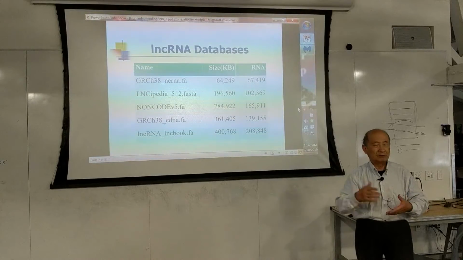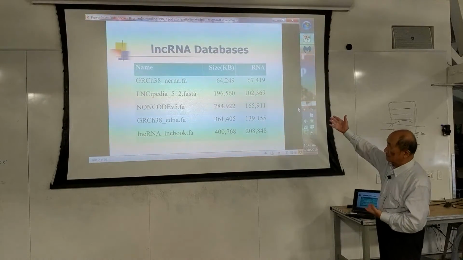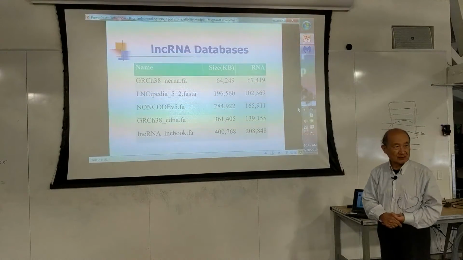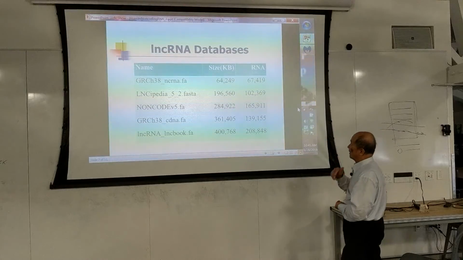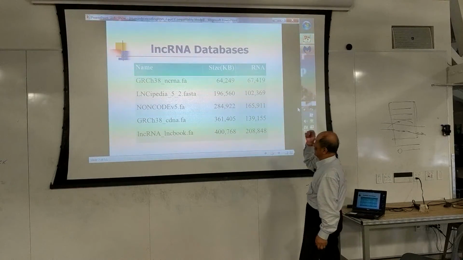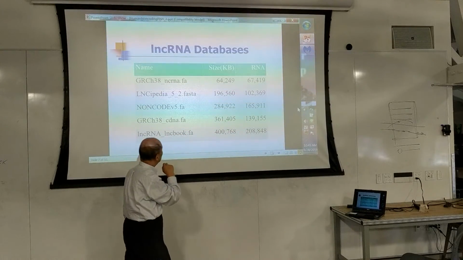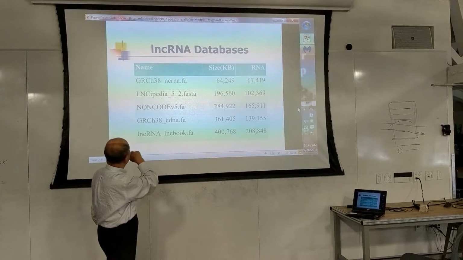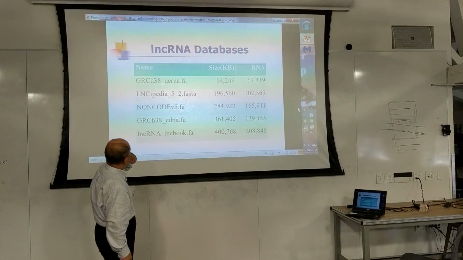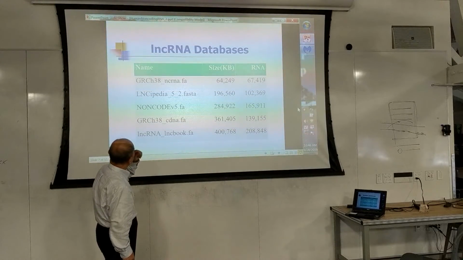So here are 5 databases with long non-coding RNA for human. The first one is in the genome project, and they located some non-coding RNA, and it's only about 64 megabytes in size.